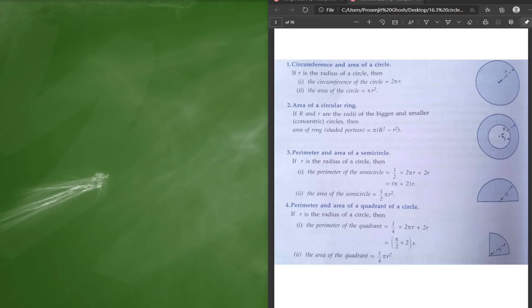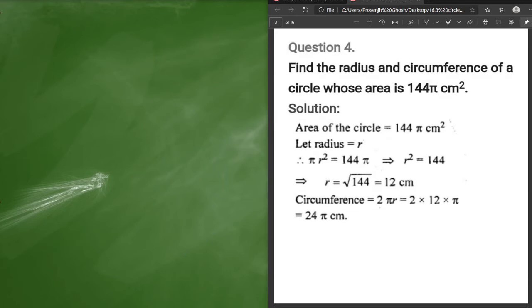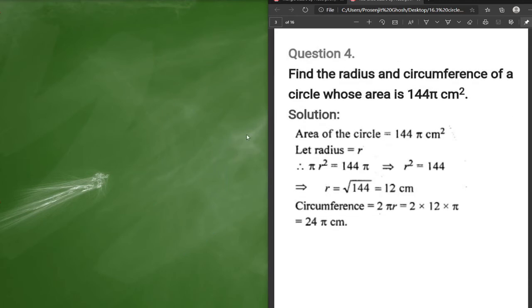Now let's jump to the exercise. Number 4: find the radius and the circumference of the circle whose area is given as 144. Right now the area is given. What I told you first is that, by the given condition, you always have to find the radius first.